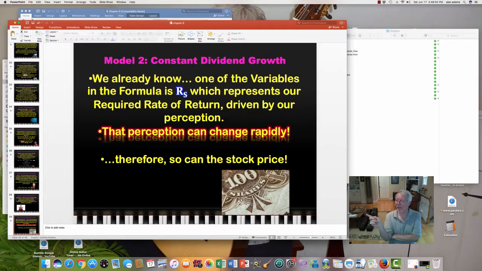One little negative piece of news by Matt Lauer on the Today Show in the morning can set the markets back on their heels. Okay? Down, up, whatever. So as our perception of risk and R sub S, the rate that requires us to enter a market, given that risk, as that changes, so does the stock price.